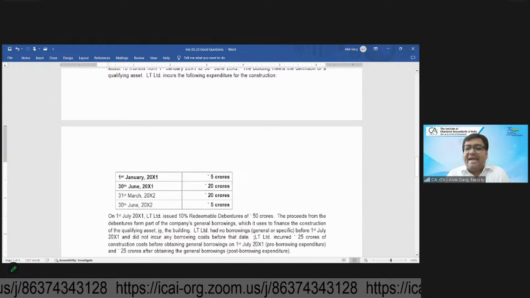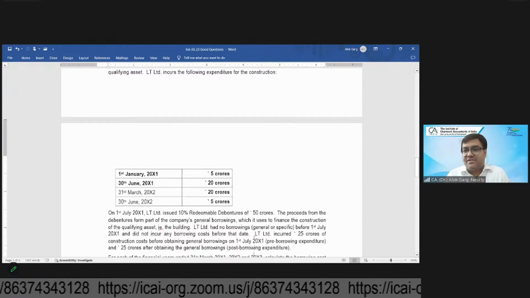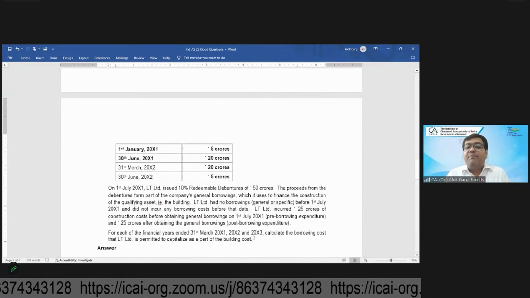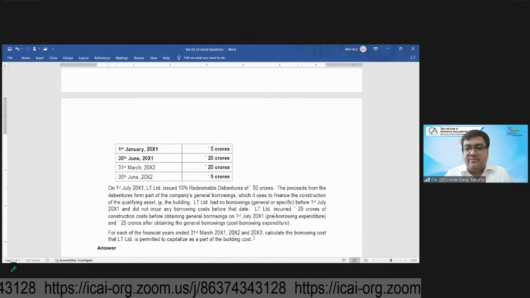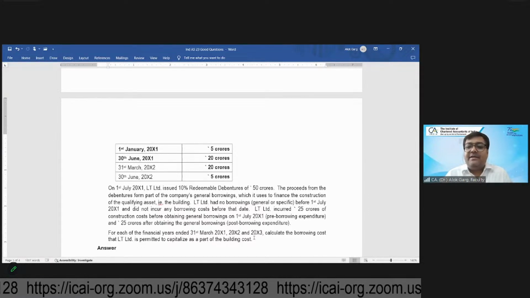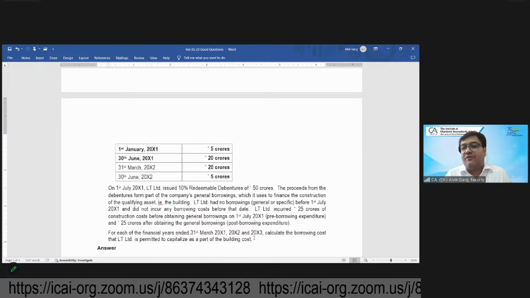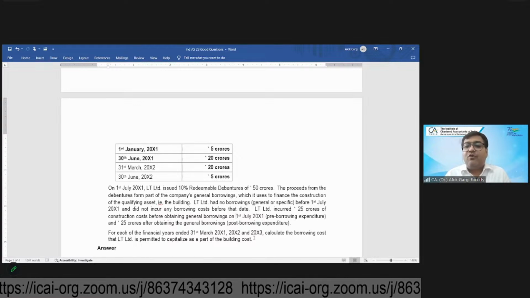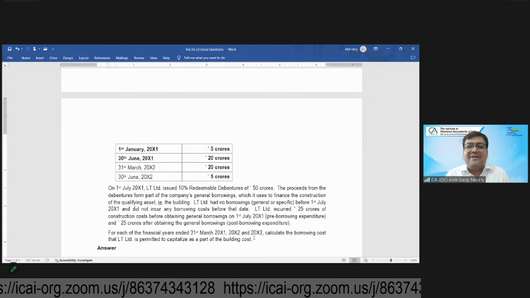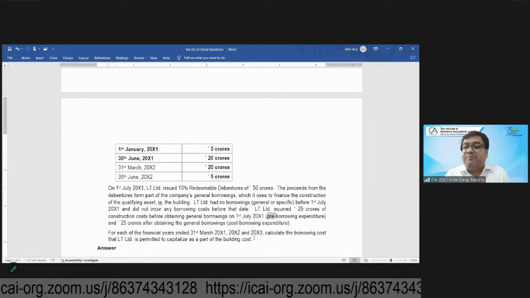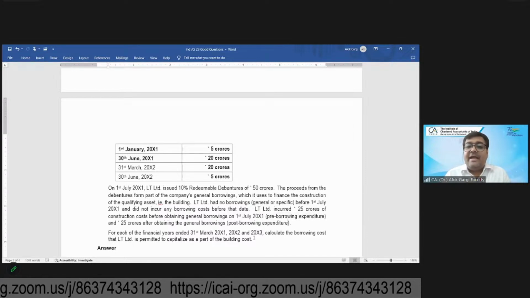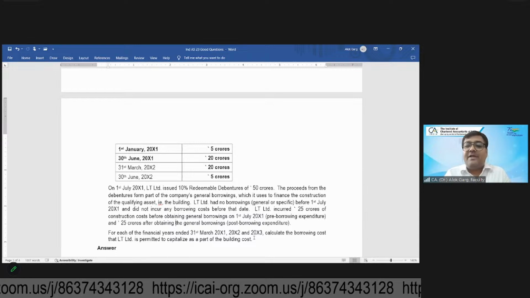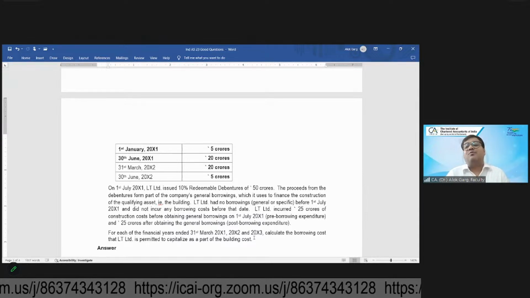The company had incurred 25 crores of construction cost before obtaining general borrowings on 1st July 20x1, which is a pre-borrowing expenditure. And 25 crore after obtaining the general borrowing, which is a post-borrowing expenditure.